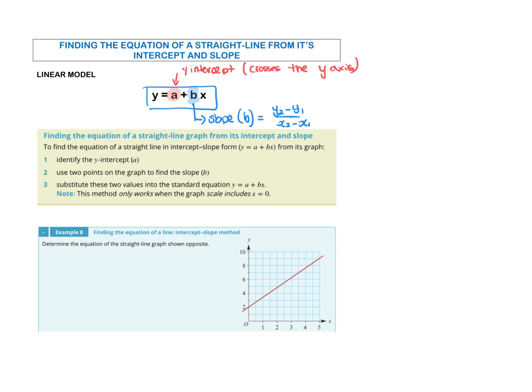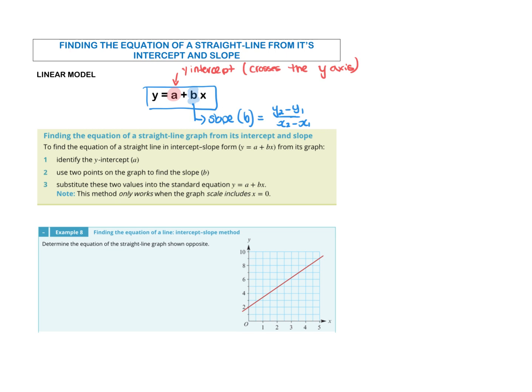So we've got to maybe use a few of those skills now to be able to find the equation of these graphs. So here are the steps of doing it. Finding the equation of a straight line, you can identify the y-intercept.